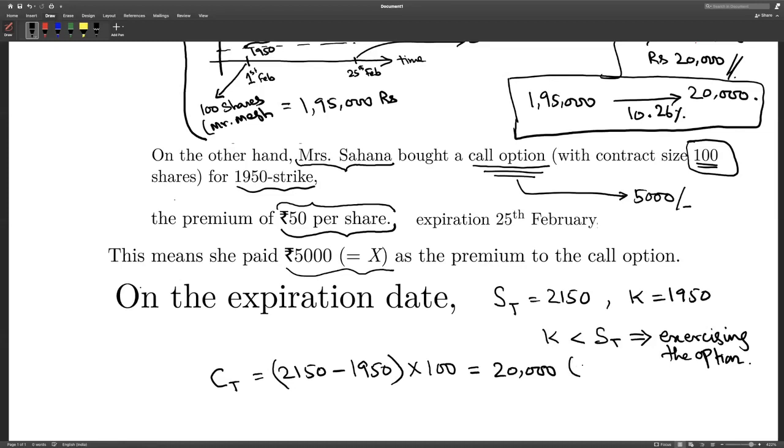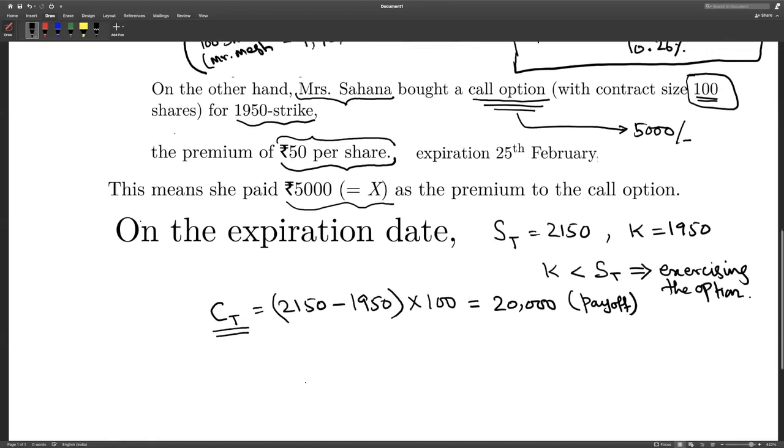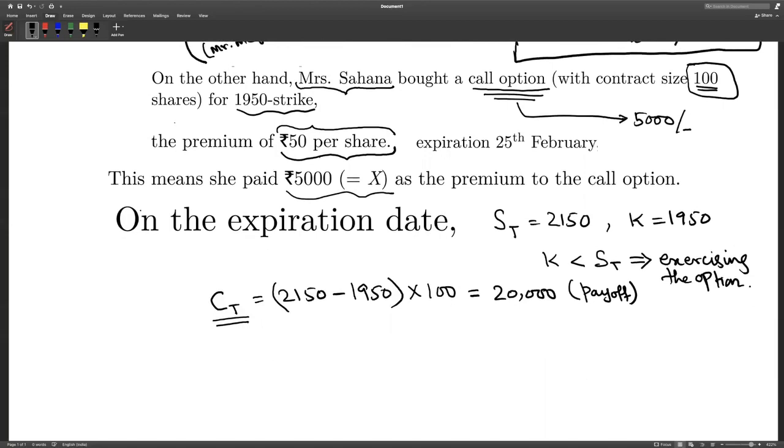Recall, it's the same as what Meg also got, but this is not exactly what she got as a gain. Why? Because she spent 5,000 to own this call option. That is the premium she paid. Therefore, her gain is actually 20,000 minus 5,000, which is 15,000.